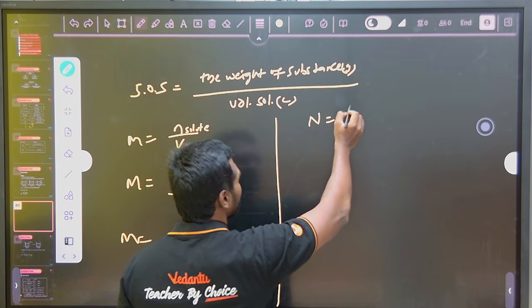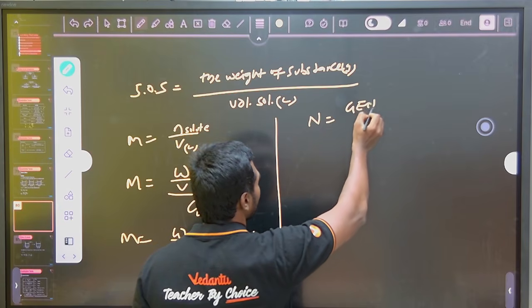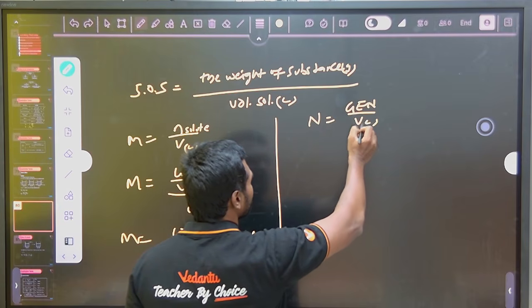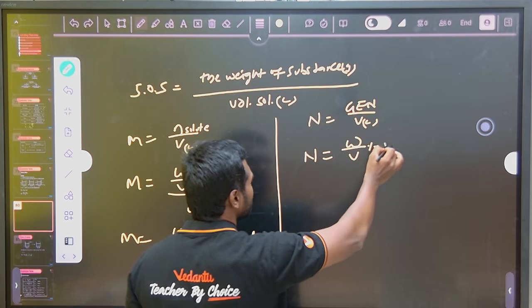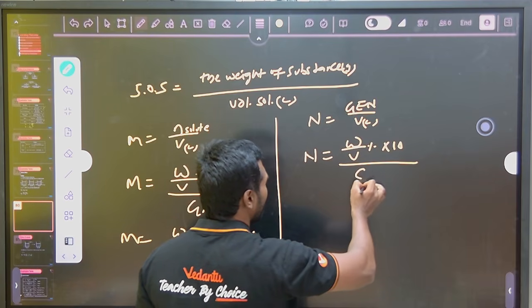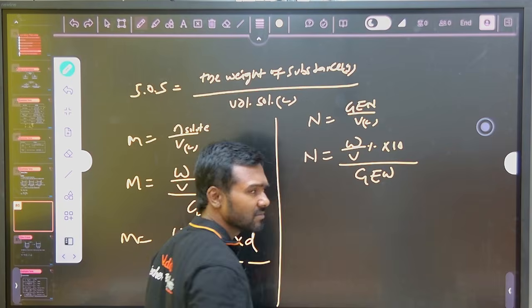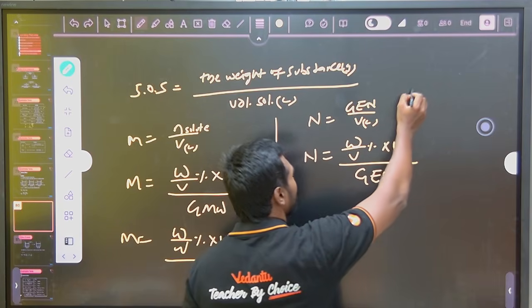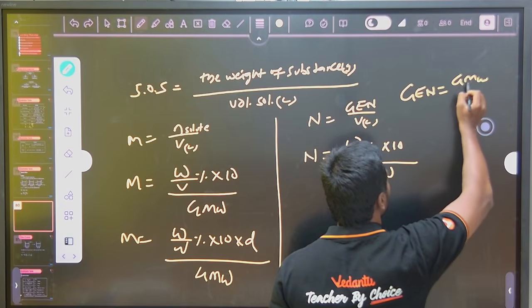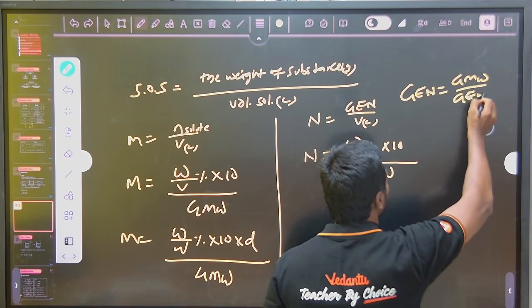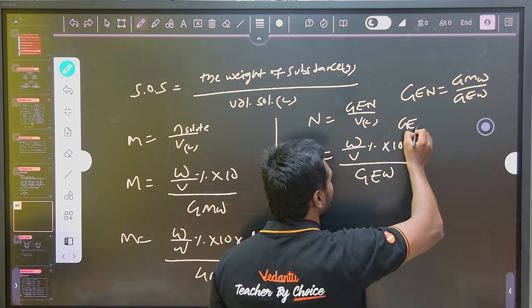normality is equal to number of gram equivalents by volume in liter, or else normality is also weight by volume percentage into 10 by gram equivalent weight, because number of gram equivalents is equal to gram molecular weight by gram equivalent weight. Then what is gram equivalent weight?